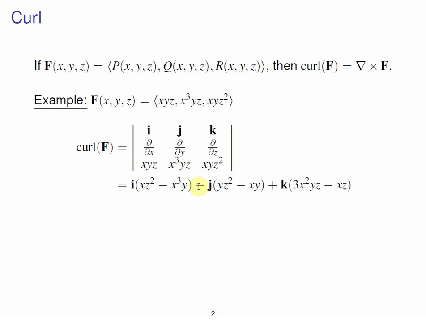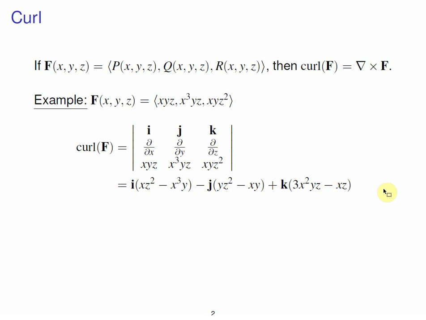Then minus, and now for the j, the partial derivative with respect to x of xyz squared, so that's just yz squared, minus the partial derivative of xyz with respect to z, and that's just going to be xy, plus k times, now we need to do the partial derivative with respect to x of x cubed yz, that's 3x squared yz, minus the partial derivative with respect to y of xyz, that's just xz.